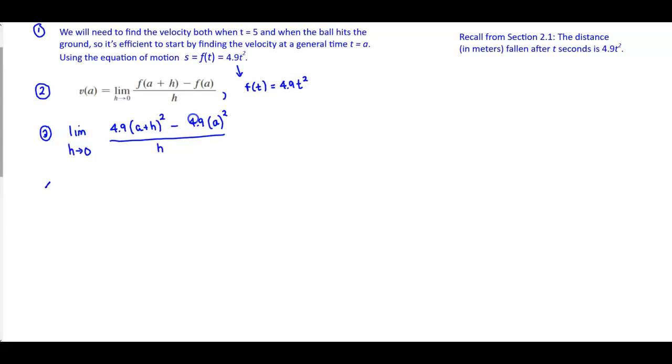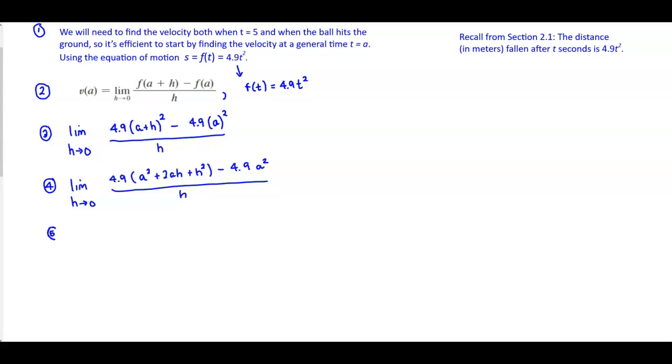Okay, so now the next step we want to do is then to square that. So we have 4.9 times a squared plus 2ah plus h squared, minus 4.9 a squared, divided by h.